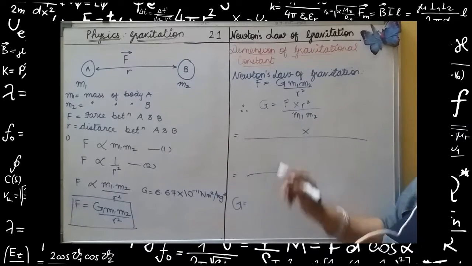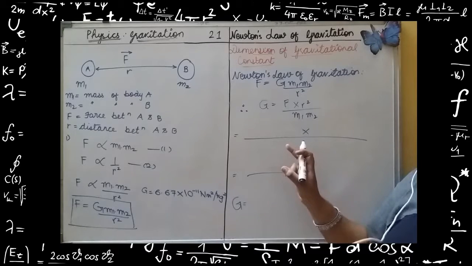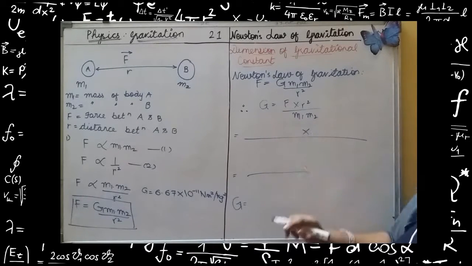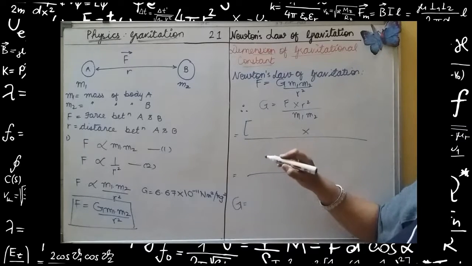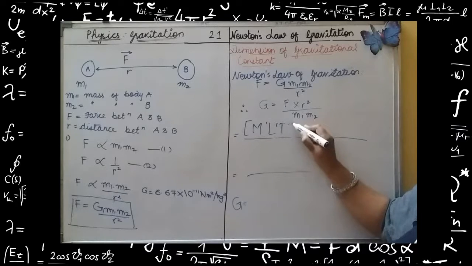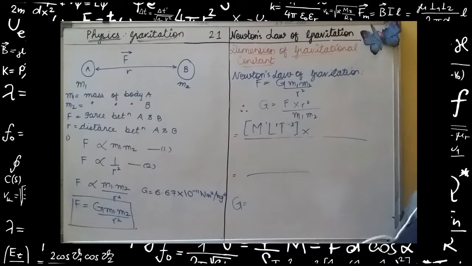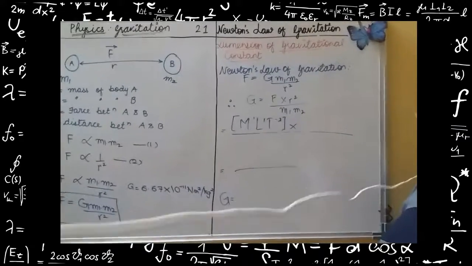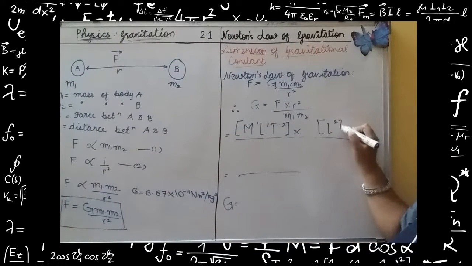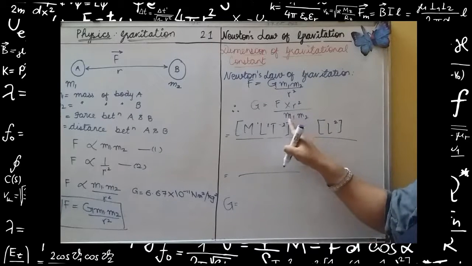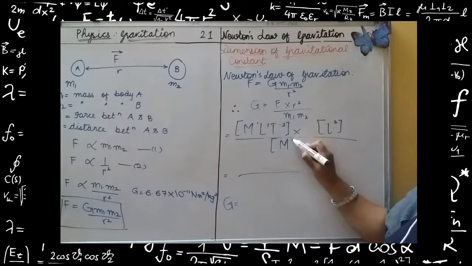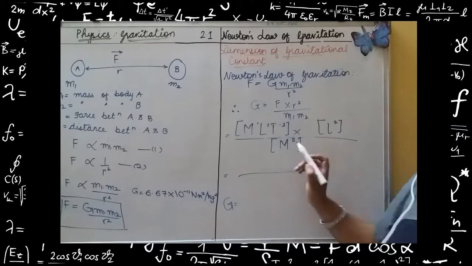Now, to calculate the dimension of G, what is the dimension of force? It is M1 L1 T raised to minus 2. For distance, it is measured in length, so L square. Since there are two masses, M square.